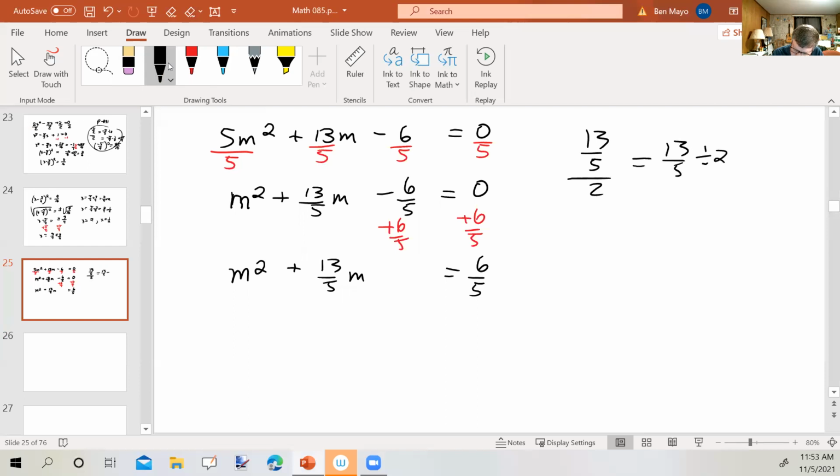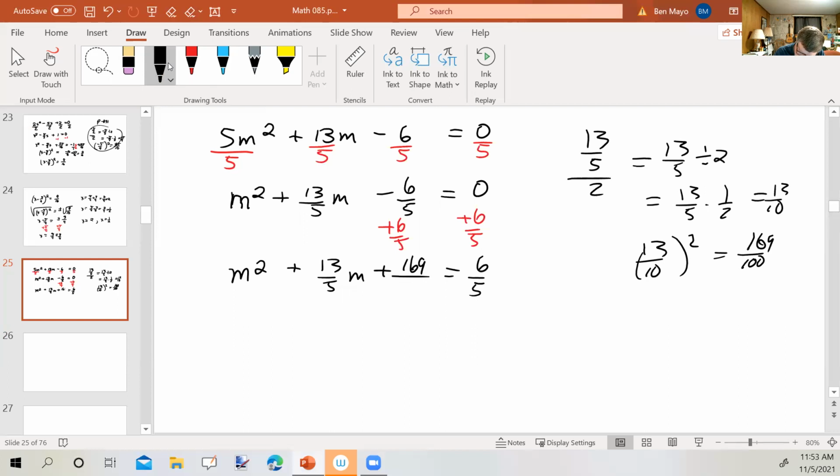So we're going to divide by 2, which is like multiplying by 1/2, which becomes 13/10. We're going to take 13/10 and square it. We get 169 over 100. So we're going to add that quantity to both sides of the equation.